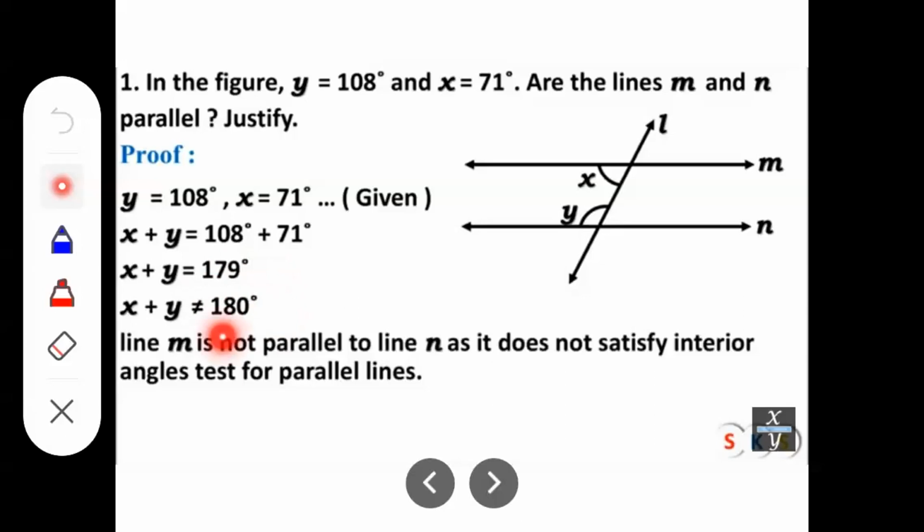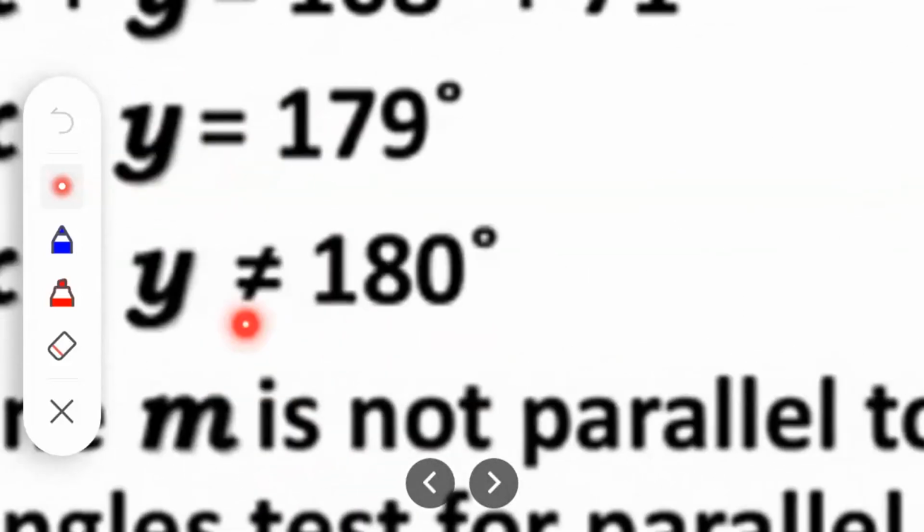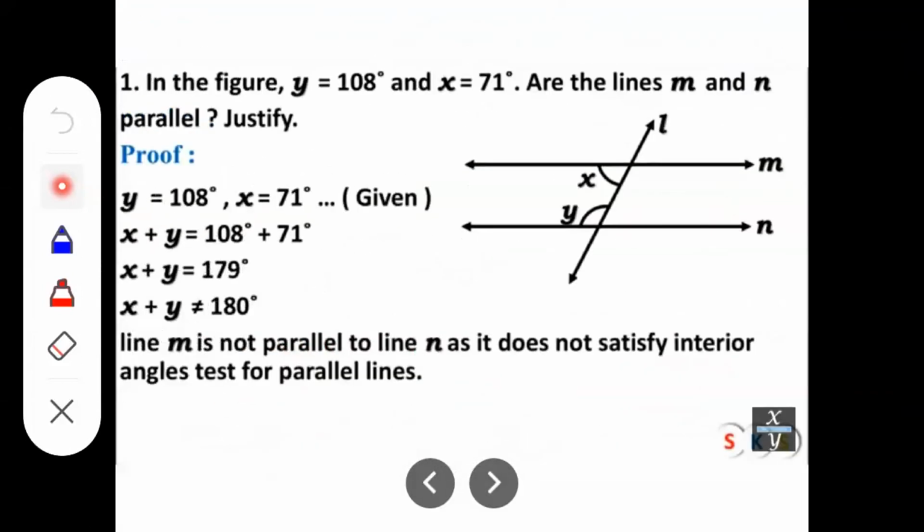That is not equal to 180 degrees. Here we use this symbol of not equal. So the summation of the two angles is not equal to 180 degrees.